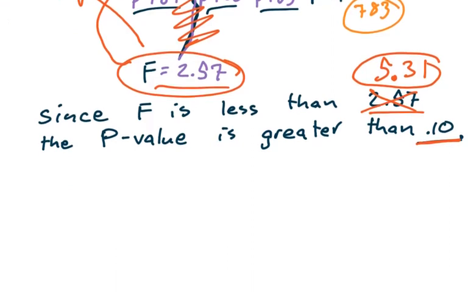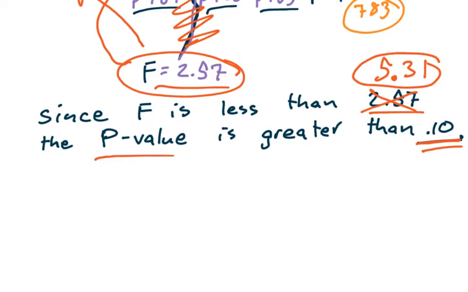And remember, whenever your p-value is large, that means it is a very common occurrence, and you will not reject the null hypothesis if your p-value is greater than whatever alpha was. Since alpha is usually never bigger than 0.10, our p-value is going to be greater than any alpha.